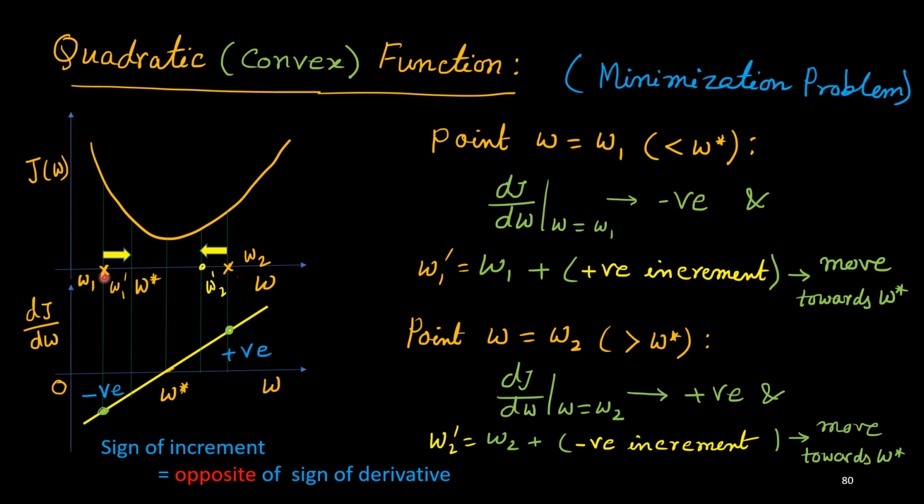And when the derivative is negative, that means the function is reducing to the right side, so we can continue to the right side. Whenever the derivative is negative, we should add some positive value, means the opposite of the gradient value should be added. So the sign of the increment should be opposite of the sign of the derivative. That is confirmed. That's the first conclusion.